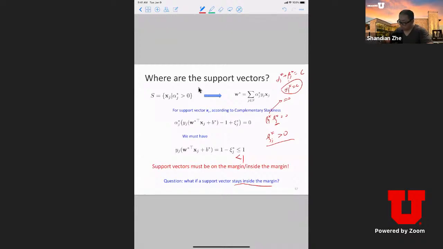What does it mean? Remember, the final weight vector is a linear combination of the support vectors. Each support vector is weighted by this alpha_j star, and the maximum value of alpha_j star is C. The larger the alpha_j star, the more important the support vector.